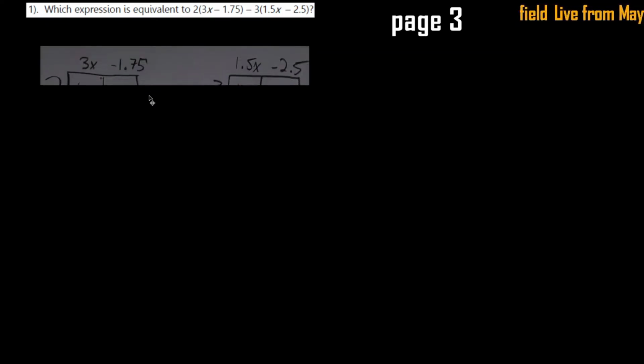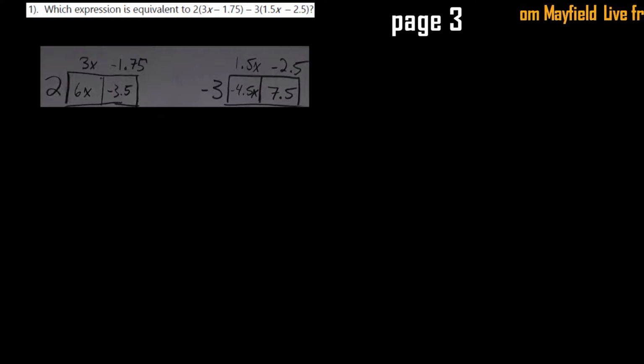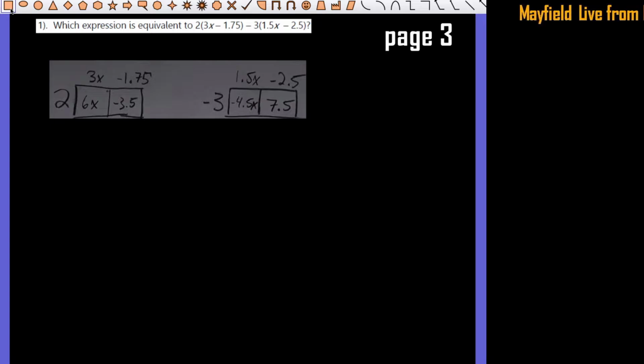I'm going to do that distributive property first. Again, I write the outside term on the outside of my box. Let me make another box here, so that we can block off some of these ideas.